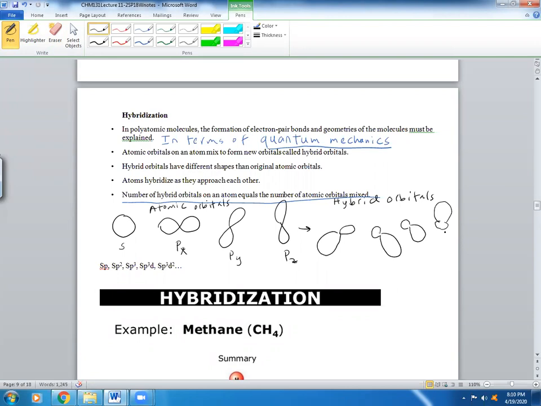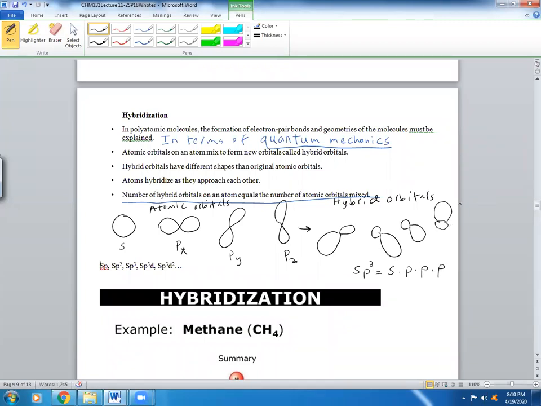So you have 4 orbitals right here, and those are now called sp3 orbitals because it's s and 3 p's.